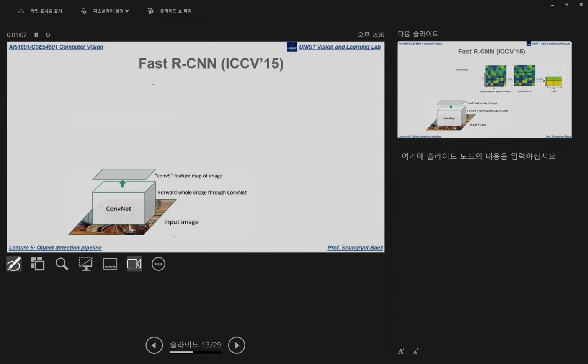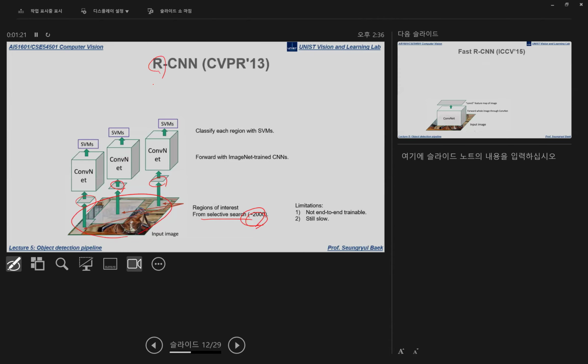Fast RCNN improves on this RCNN in two aspects. First, they try to reduce the time complexity, because in the previous RCNN we had to apply the CNN multiple times, the number of bounding boxes times.